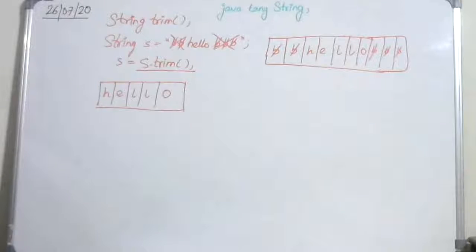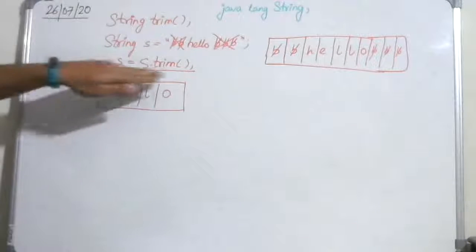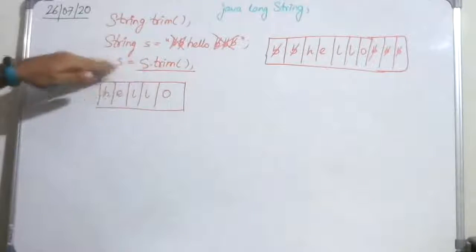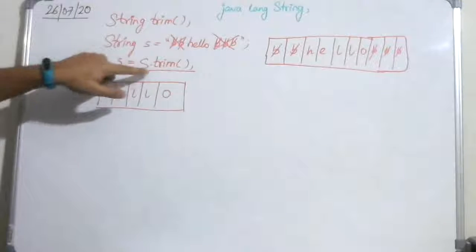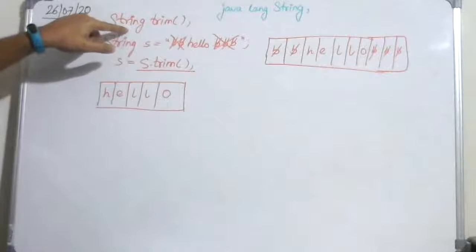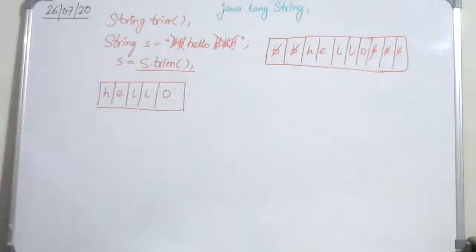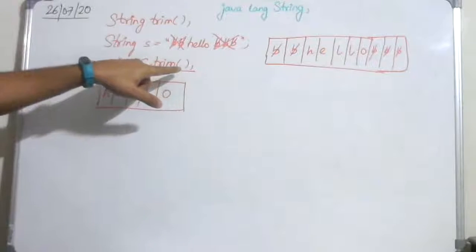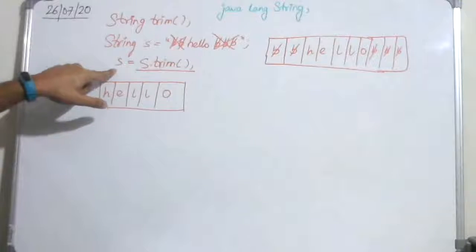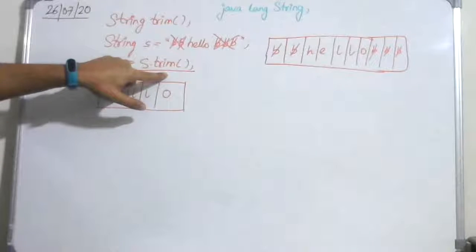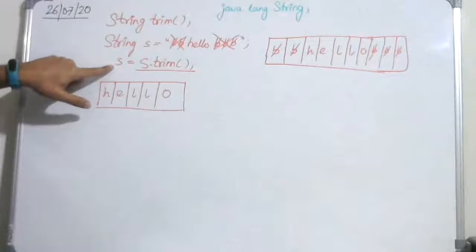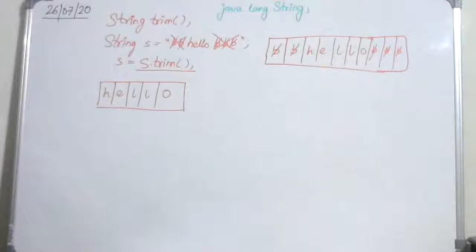Okay, so remember, you definitely have to store this value in a variable because it returns a string value, otherwise the modified value is lost. You can directly print this value using an SOPLN statement, or you can store the value returned by this function into a variable and then work on that value.